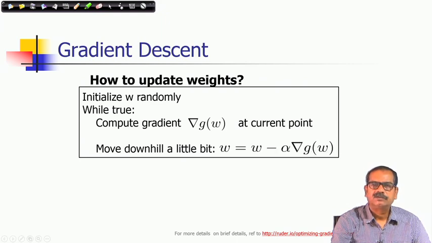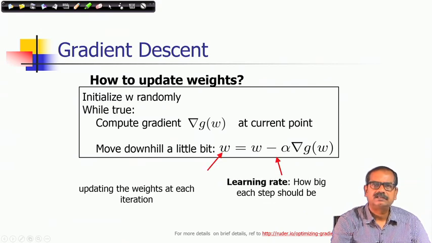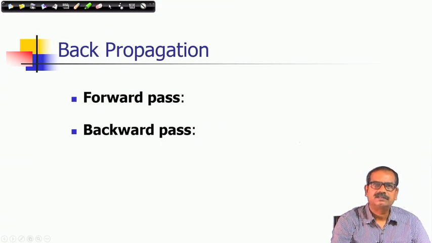So you move opposite to the steepest increase of the gradient, which means steepest descent: W minus alpha times grad G(W). Alpha is the learning rate, which decides how big each step should be, and the weights are updated at each iteration.